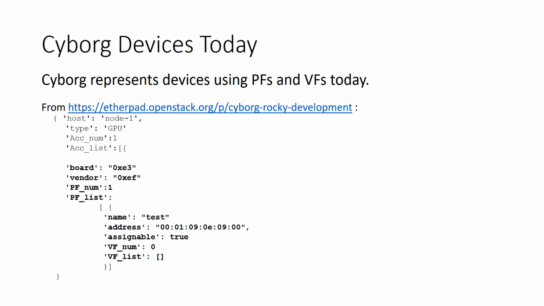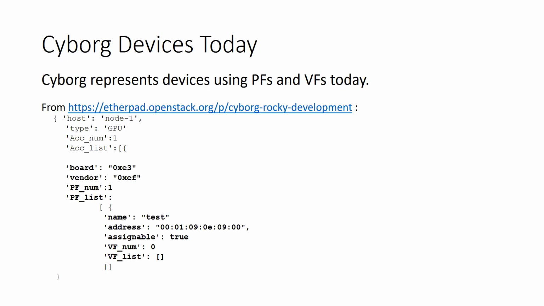So if you notice, the main thing is that we are saying there's a certain number of PFs. There's a list of PFs, and they have a certain number of VFs within that, and so on. So this will fit today's FPGAs, but not even all GPUs fit in that model, right? For example, some GPU vendors don't even support SRIOV.